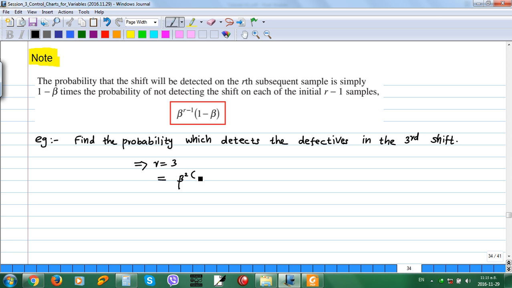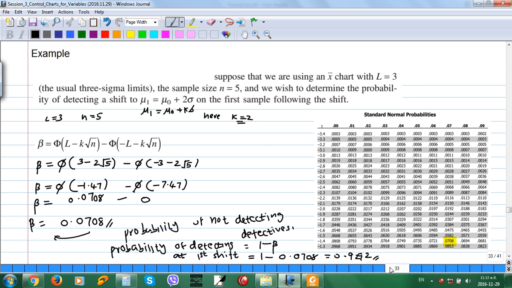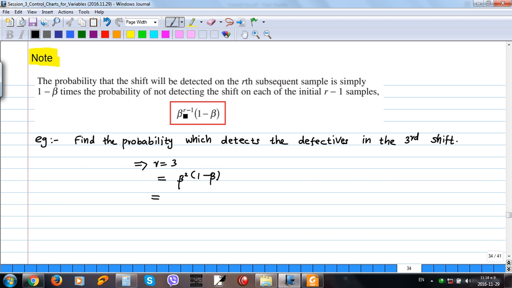Beta we found as 0.0708, so 0.0708 square times 1 minus 0.0708.